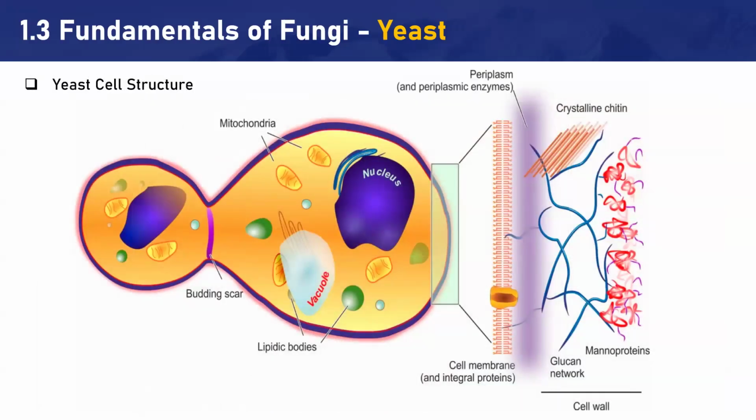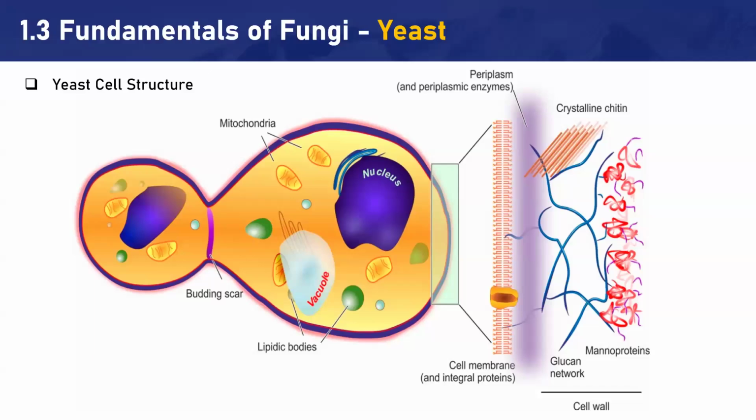The yeast cell structure is a little bit different compared to bacteria. As I mentioned before, the cell wall of bacteria contains a very important component, peptidoglycan. However, in the yeast cell structure, the most important component is glucan, especially beta-1,3 and beta-1,6 glucan.